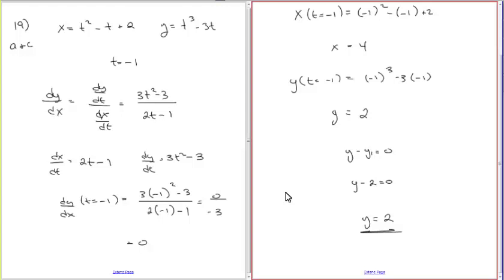So it's 10.3, problem 19. So we get the slope is 0, y is equal to 2, and we get that equation.